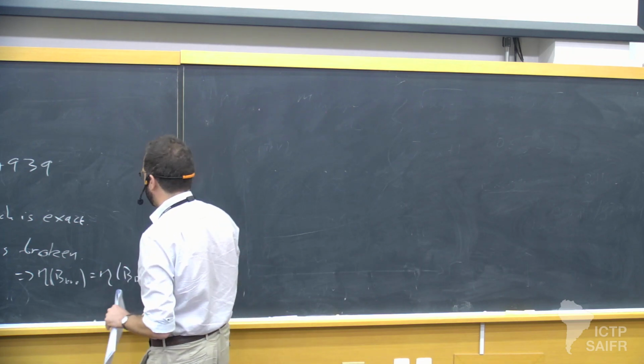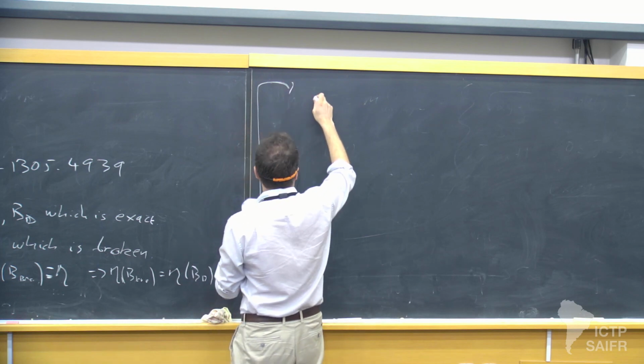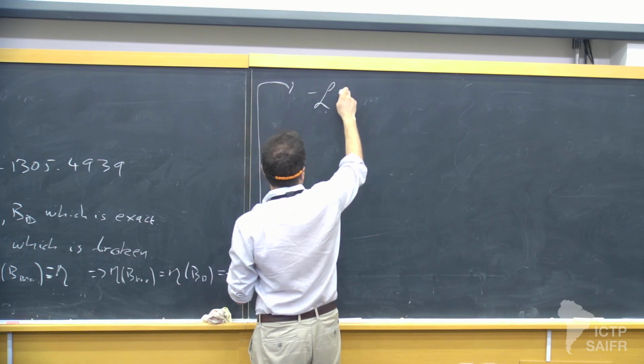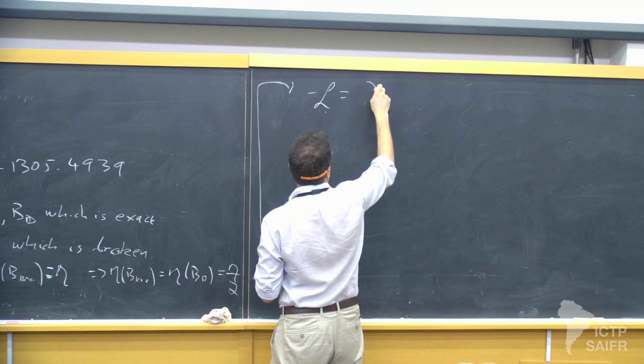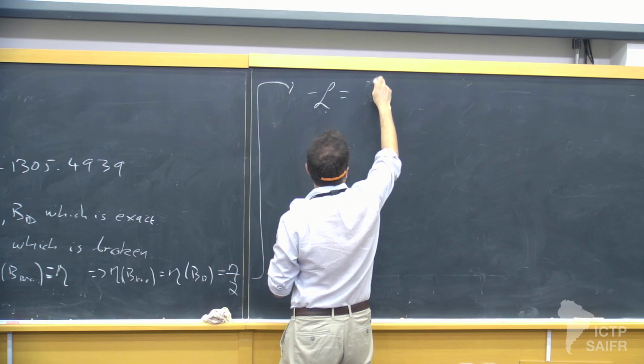Okay, for example, we'll look at this example more later. But say we have a Lagrangian like, let's say we write an effective operator.